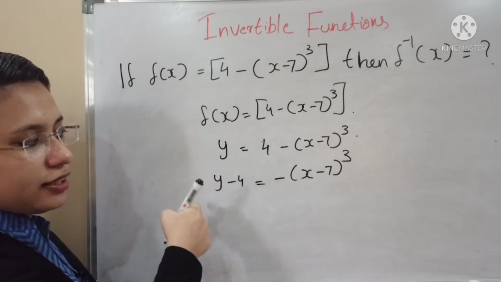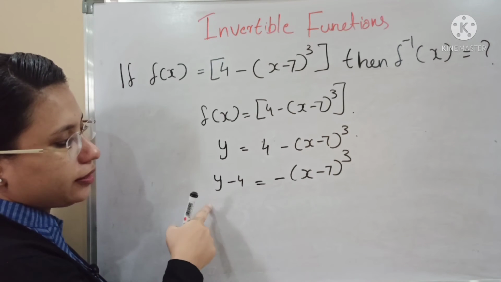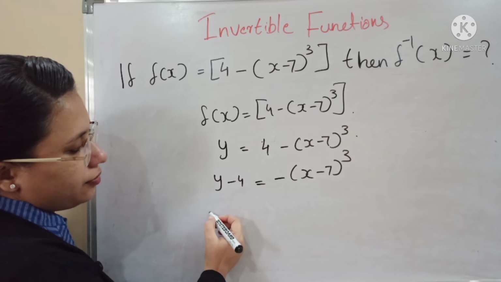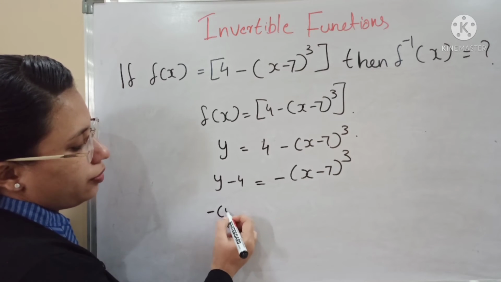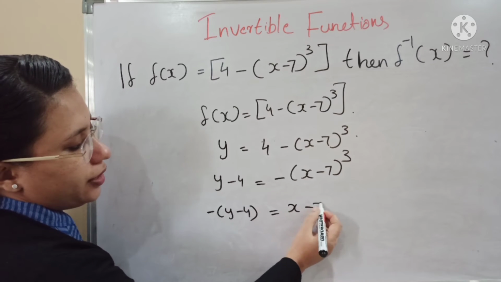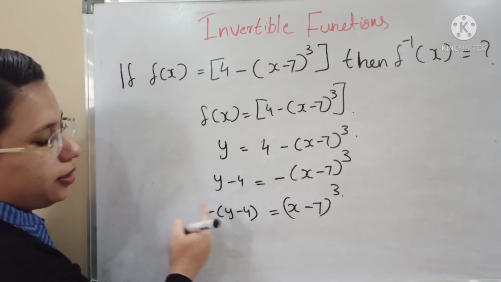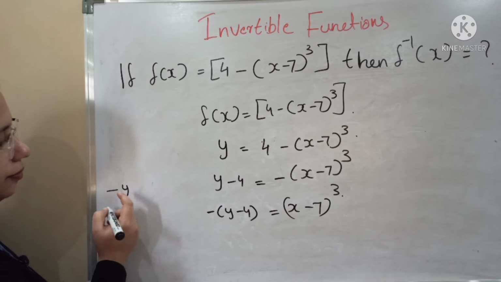Now take this negative sign to here. Okay, so when it comes here, it will be minus of (y minus 4) equals (x minus 7) whole cube. So this will be, I will just write here, minus y.